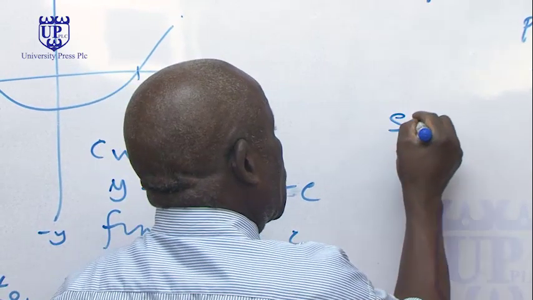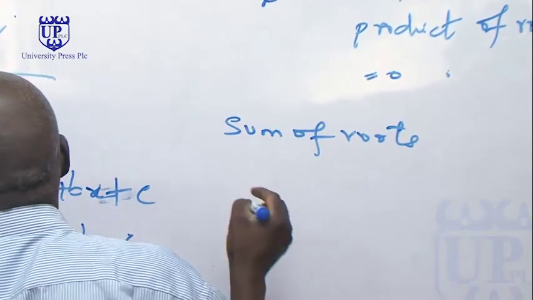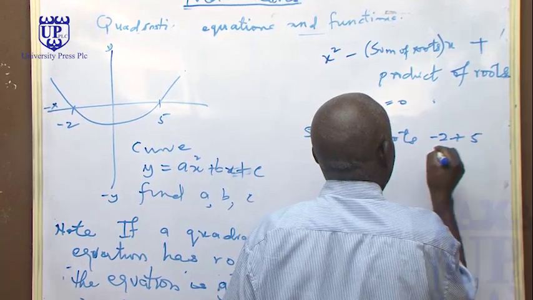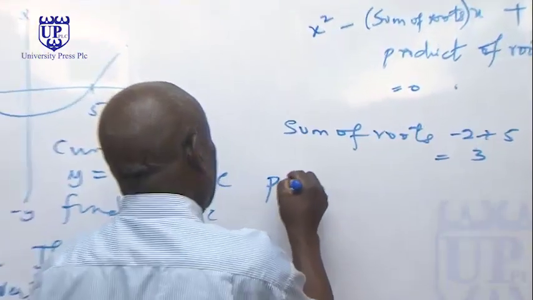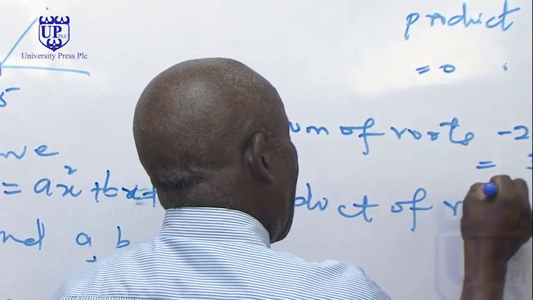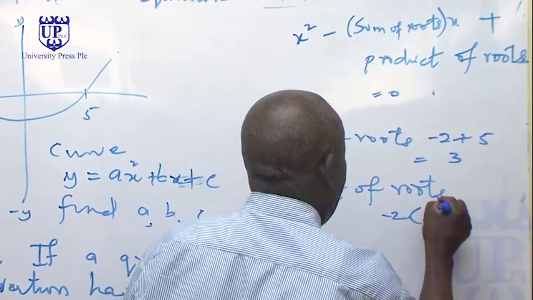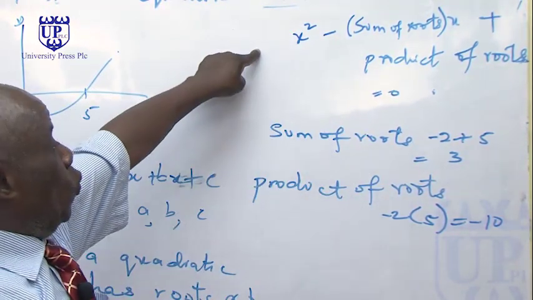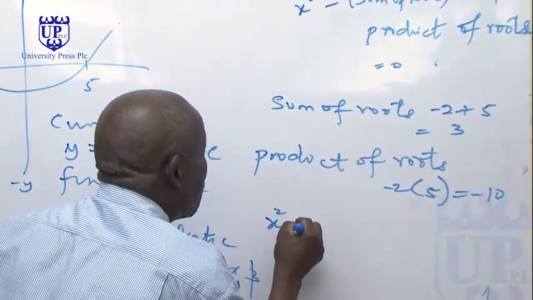Sum of roots: minus 2 plus 5, and that is 3. Product of roots: minus 2 multiplied by 5, that is minus 10. If you go by this rule, the equation is x raised to power 2 minus sum.